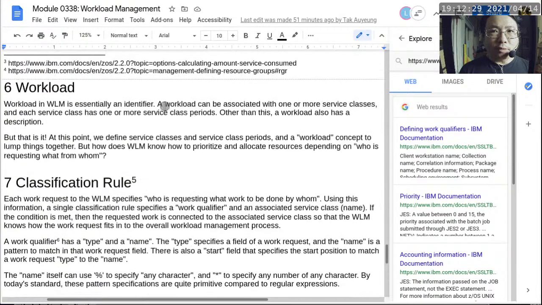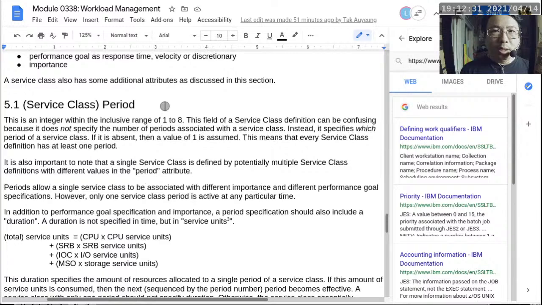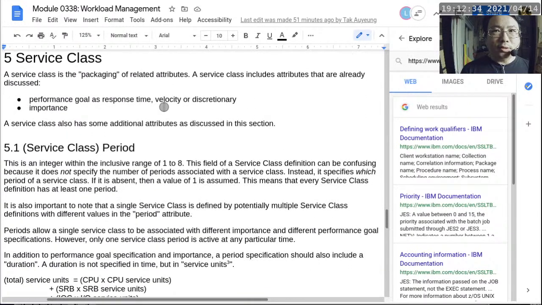Now we talked about service class all the way up here, and what a service class is, even though it can have its own subcomponents called periods, is really a packaging that, generally speaking, tells us about the importance of the work requested. Do we have any performance goal associated with it?